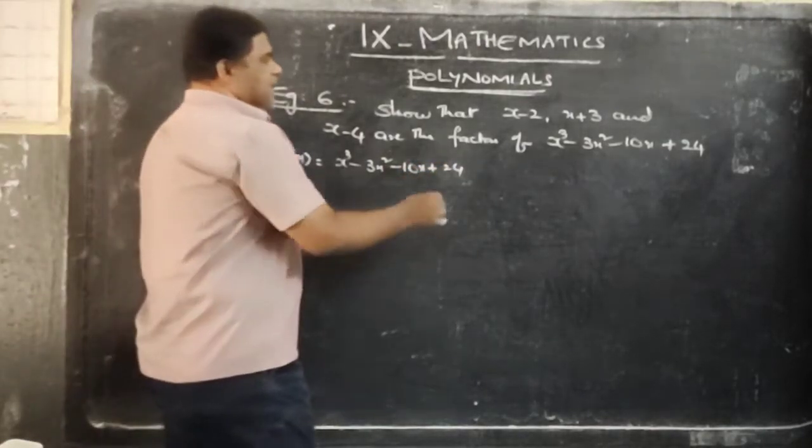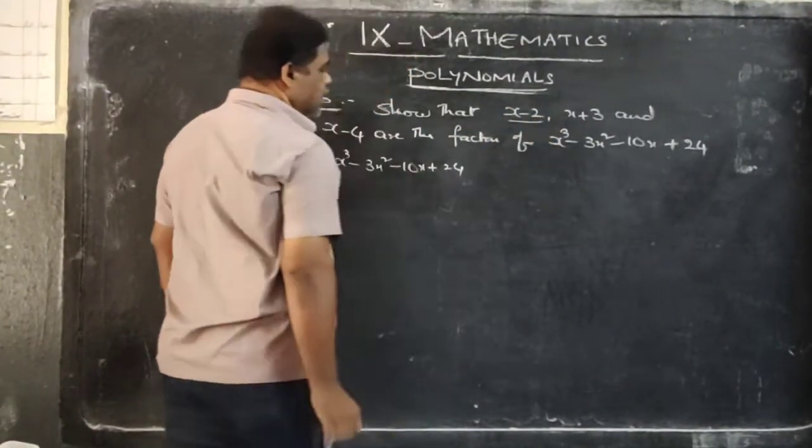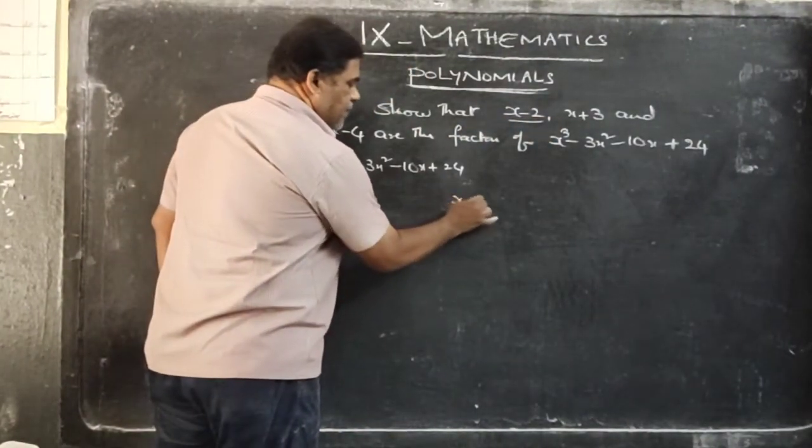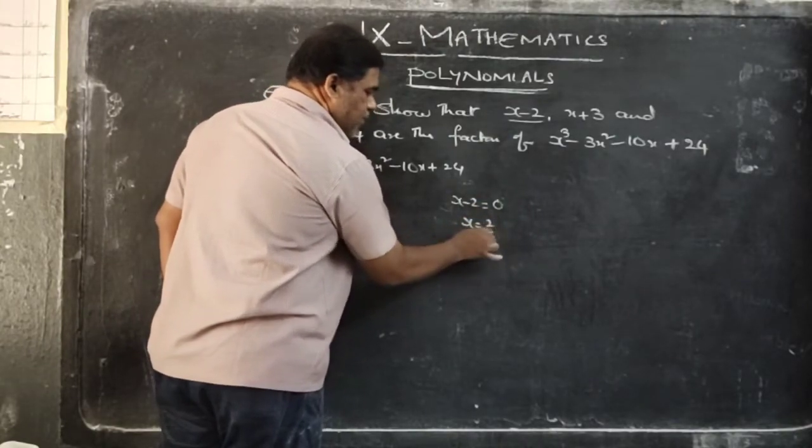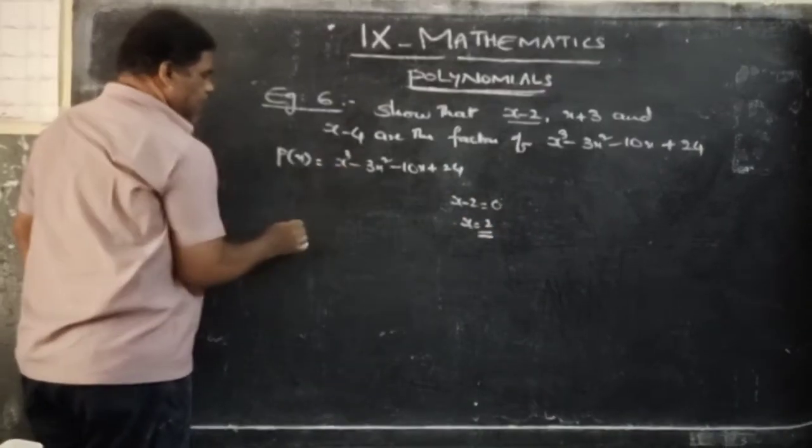If you want to check whether x minus 2 is a factor or not, you equate x minus 2 to 0 and find the x value. X is equal to 2 we got, you substitute that value here.